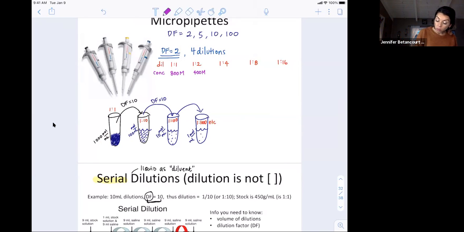The 1 to 4 dilution in theory would be 200 molar. The 1 to 8 would be 100 molar. And the 1 to 16 would be 50 molar. And you can keep doing this for 100 tubes if you wanted, it doesn't matter. So this already sets you up with some sort of relationship between dilution and concentration. The more diluted something is, the less concentrated it becomes.